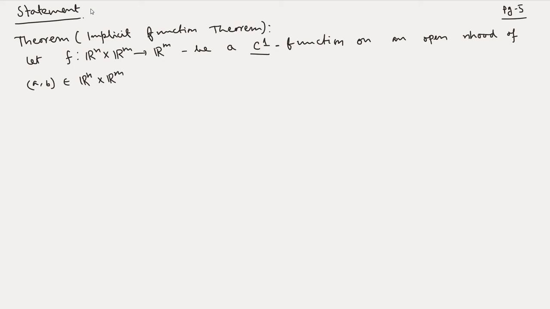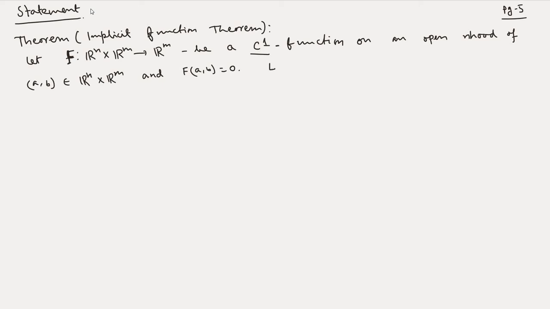So A belongs to Rn and B belongs to Rm, and at the point A comma B, well, let me denote this function by capital F for the consistency of notation, and F of A comma B is equal to 0.